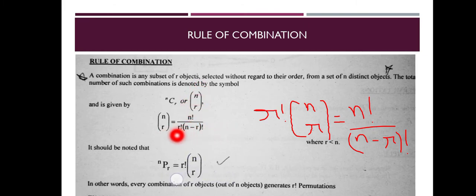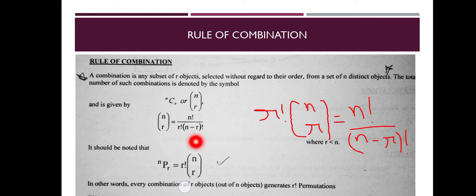So if we take r factorial, which is in the denominator, to the other side of the equal sign, then r factorial multiplied by nCr is equal to n factorial divided by n minus r factorial. Now n factorial divided by n minus r factorial is equal to nPr.